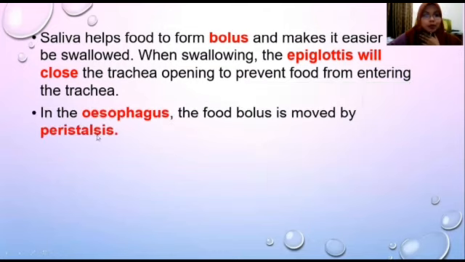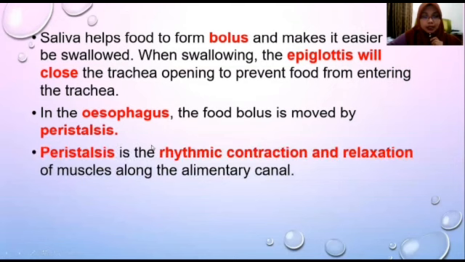Okay, so in the esophagus, the food bolus is moved by peristalsis. What is peristalsis? Peristalsis is the rhythmic contraction and relaxation of muscle along the alimentary canal. So peristalsis is the movement of the muscle, contract and relax rhythmically.